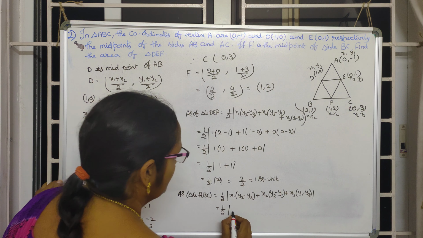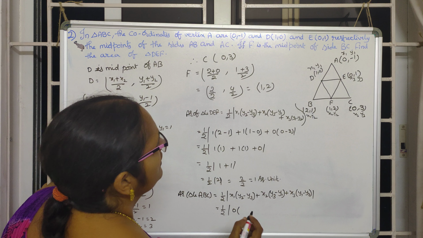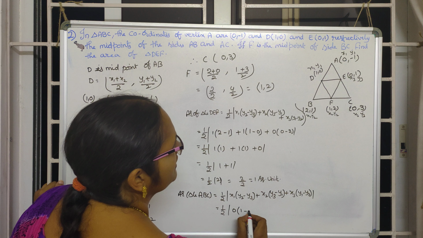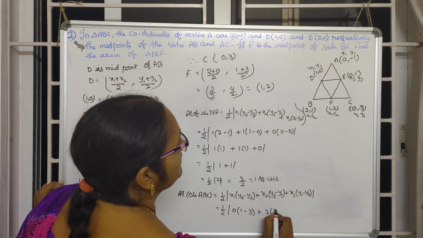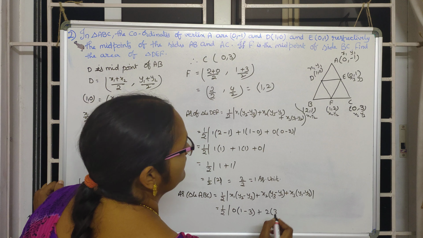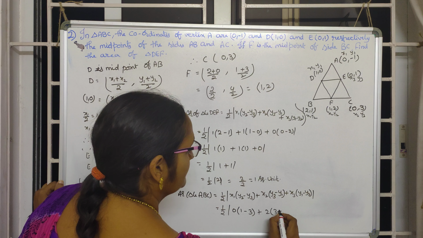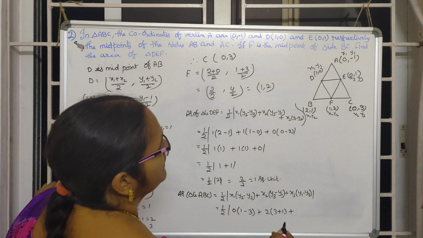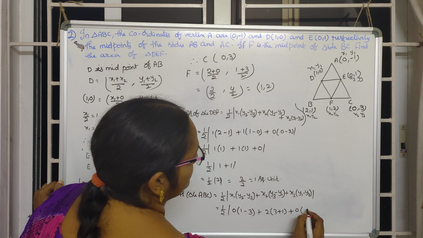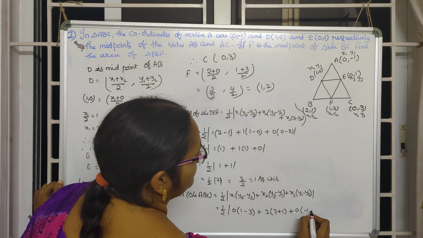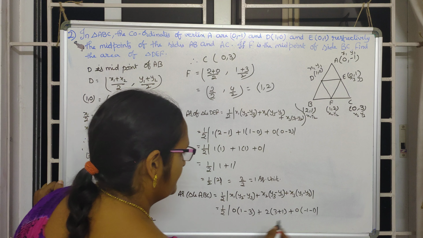So x1 is 0 times (y2 is 1, y3 is 3) plus x2 is 2 into (y3 is 3, y1 is minus 1, becomes plus 1) plus x3 is 0 into (y1 is minus 1, y2 is minus 1).